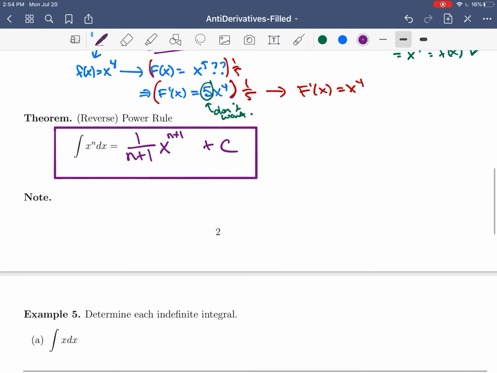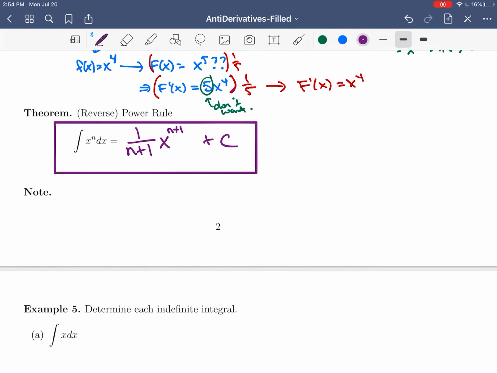Now one comment I have here: does this work for all n? Is there an n value that you might think is a problem? Because the power rule works for all n's, but the reverse power rule does have an issue. I'm dividing at some point by n plus 1, which means I don't want to divide by 0.